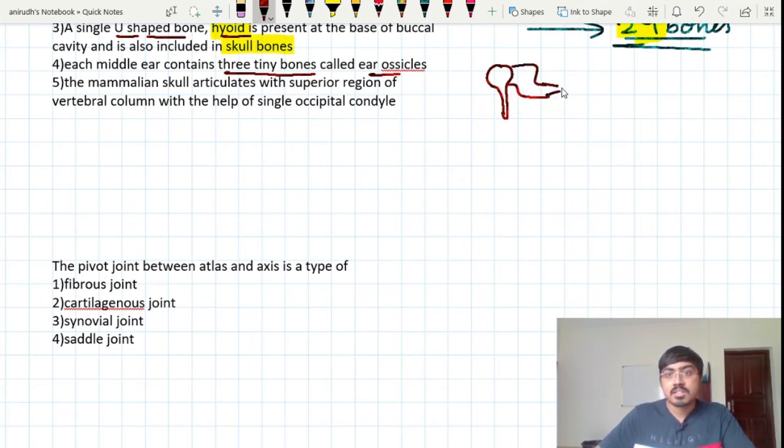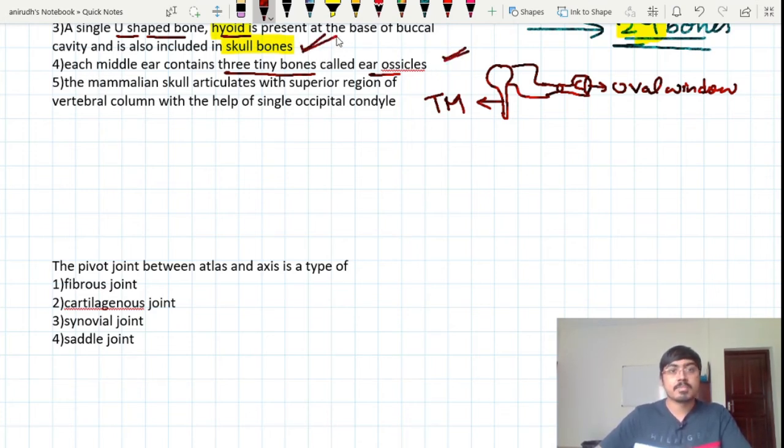This is attached to a small stapes like this, stirrup. So this is the stapes. Now this is attached to the oval window of cochlea. The malleus is attached to the tympanic membrane or the eardrum, isn't it? So obviously, is this a correct statement? Yes, it is. This is a correct statement also.